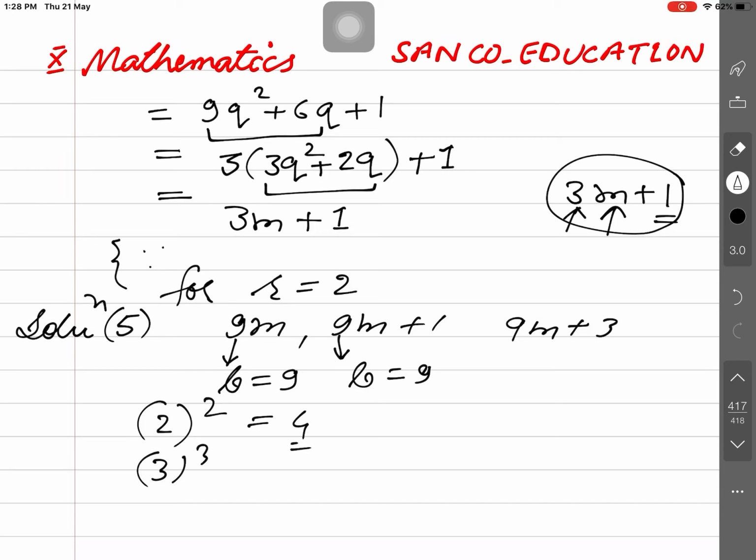With 3, I am doing the square: 3 into 3, that is 9 coming here. Similarly, if I do the cube here, one more 3 will come here. It means you can take b is equal to 3, and after cubing you can bring 9.